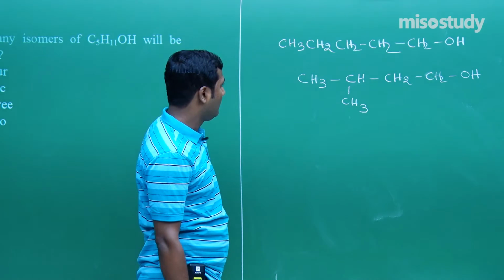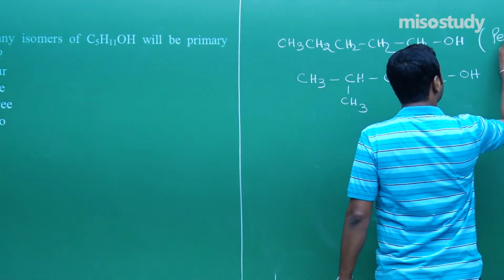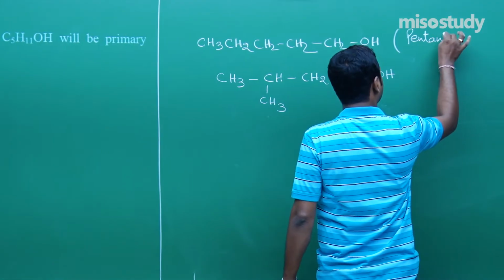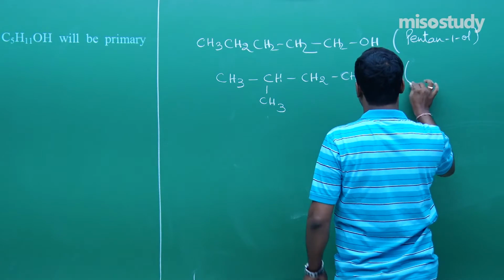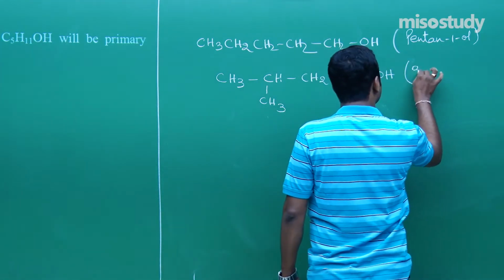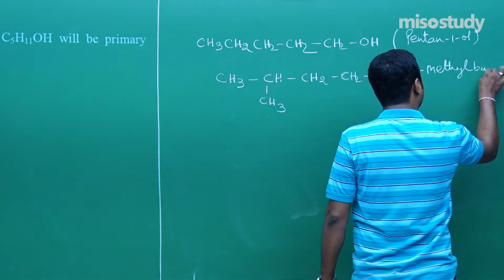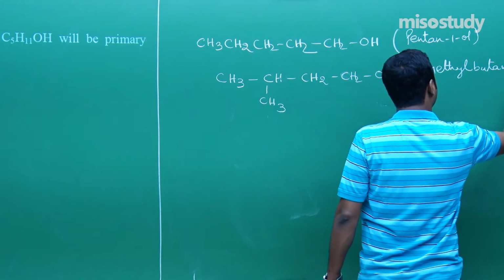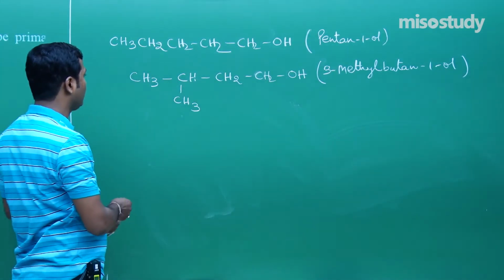Now the name of this compound is pentane 1-ol or pentanol. The name of this compound is 3-methyl butane 1-ol. Okay, 1 2 3 4, 3-methyl butane 1-ol.